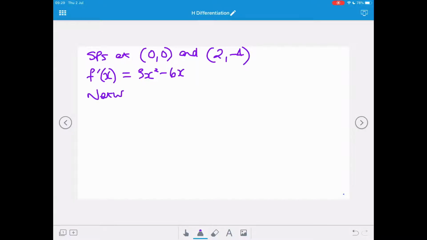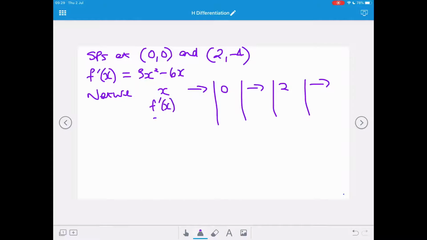So we need to do our nature table to work out the nature of these two stationary points. So we're looking at values of x before 0, between 0 and 2, and then beyond 2. And we're going to inspect the derivative and what the slope or the gradient is going to be.